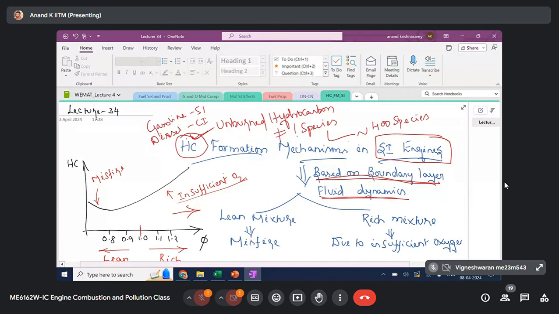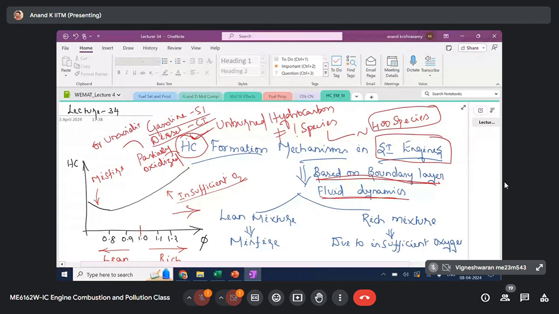So when we say unburnt hydrocarbon, the source is fuel, right? When you use a complex fuel with different hydrocarbons, you are going to get different species as an outcome. And these species are not oxidized completely. Unburnt hydrocarbon is either partially oxidized or unoxidized.